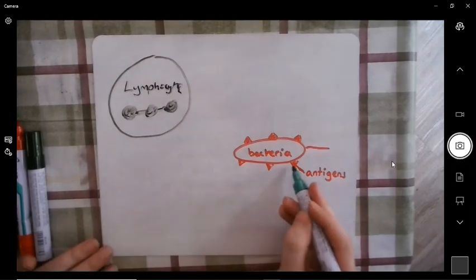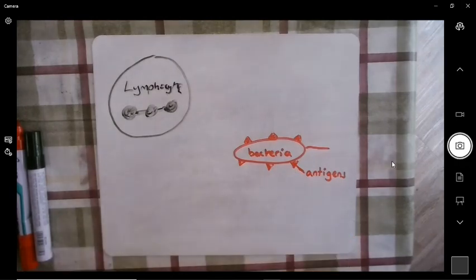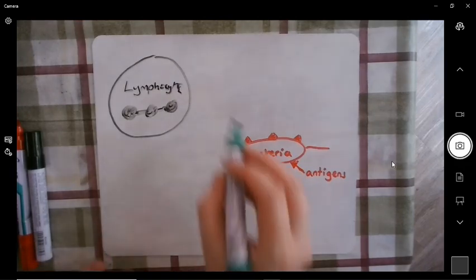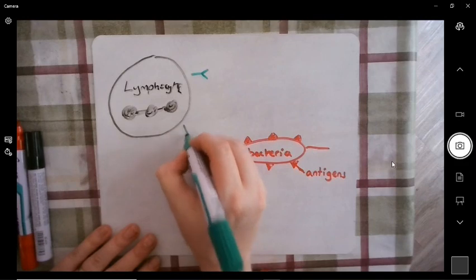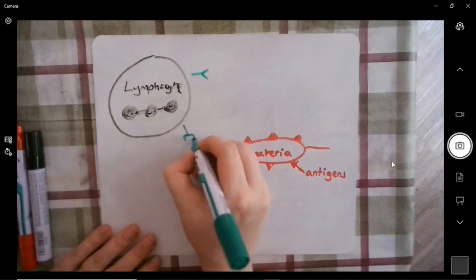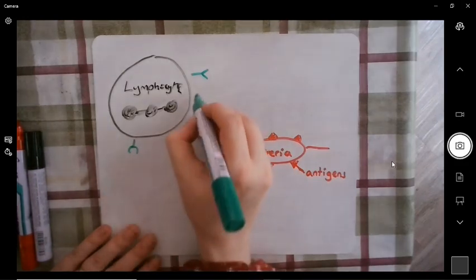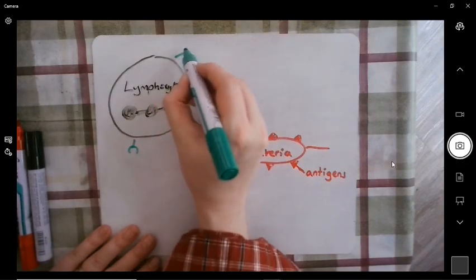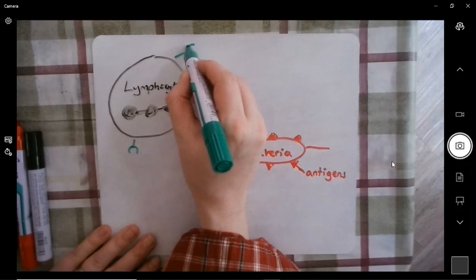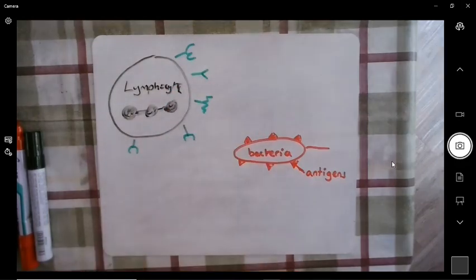So the antigens are little proteins on the surface of the cell membrane of the bacteria, and the lymphocyte makes little proteins called antibodies. And the lymphocyte will actually make lots of different types. I'm trying to draw different shapes. That's done quite nicely then.